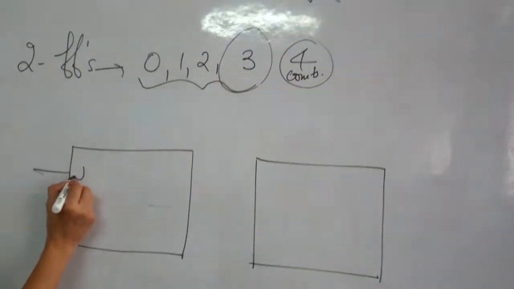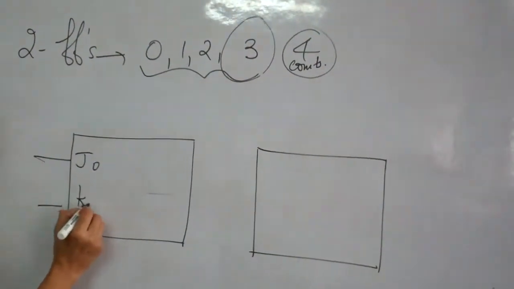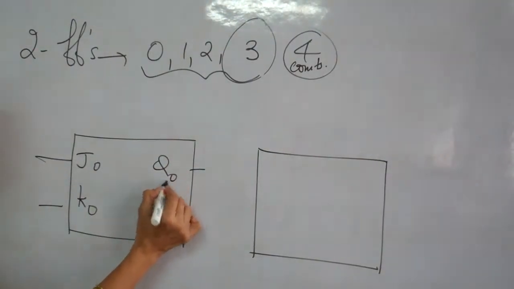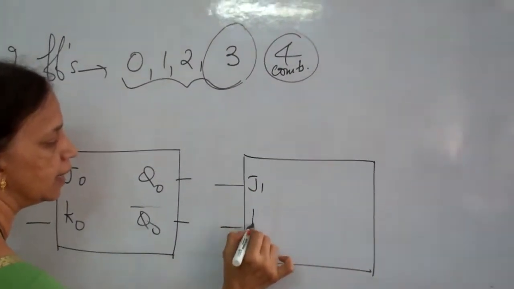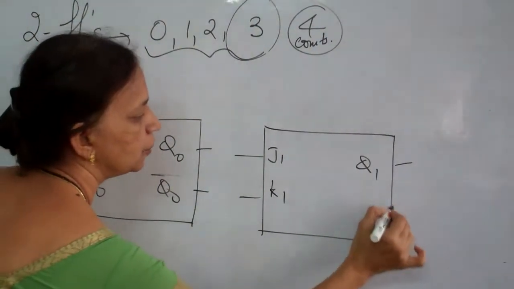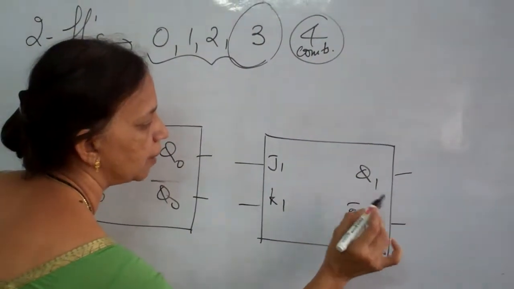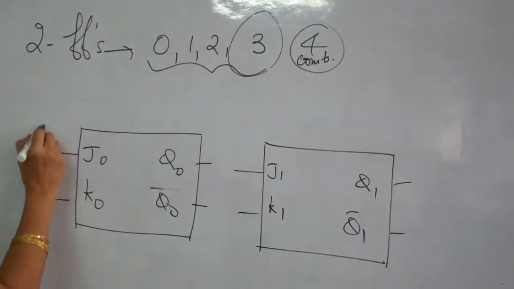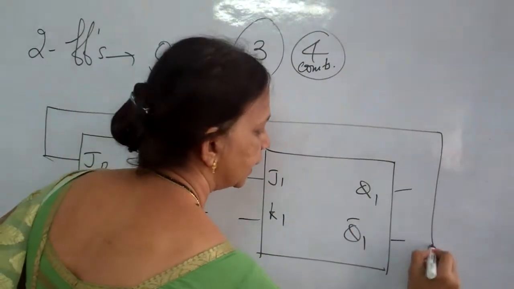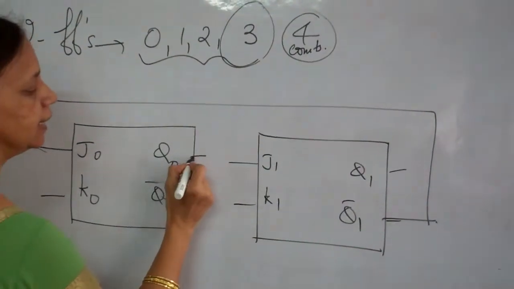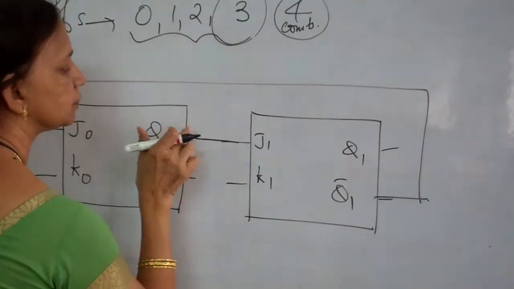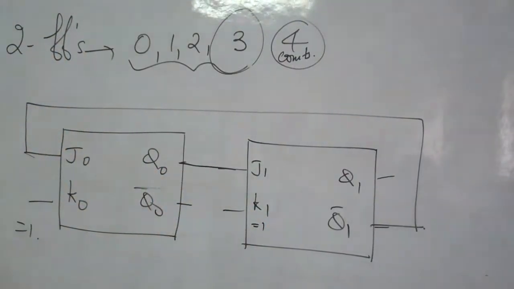This is J0, K0, Q0, Q0 bar, J1, K1, Q1, Q1 bar. We connect a feedback here, let us see what happens. And these two are joined. This is equal to 1.